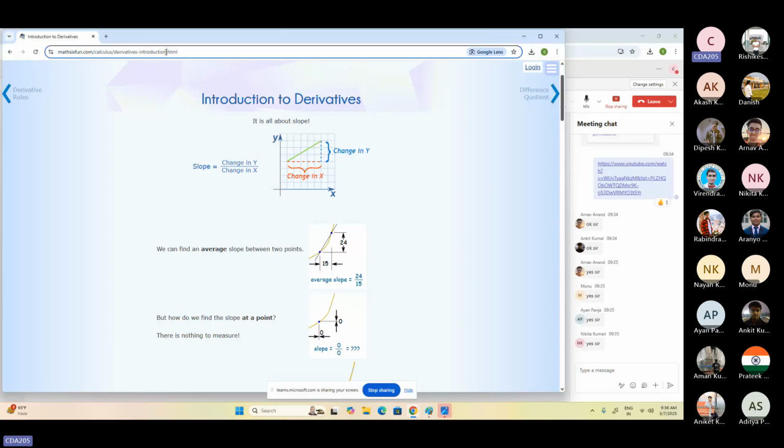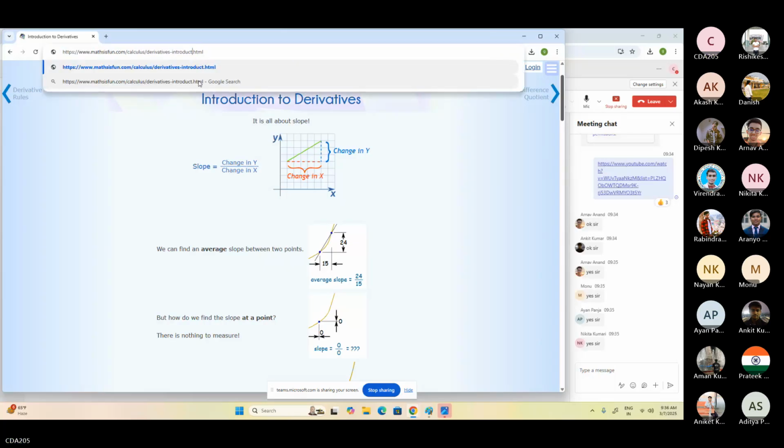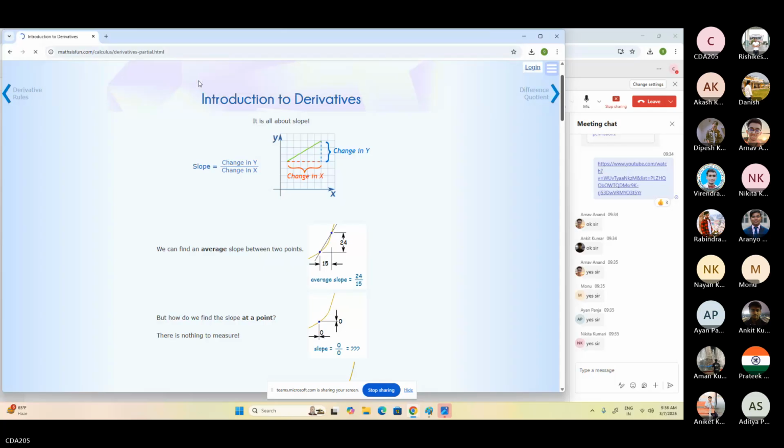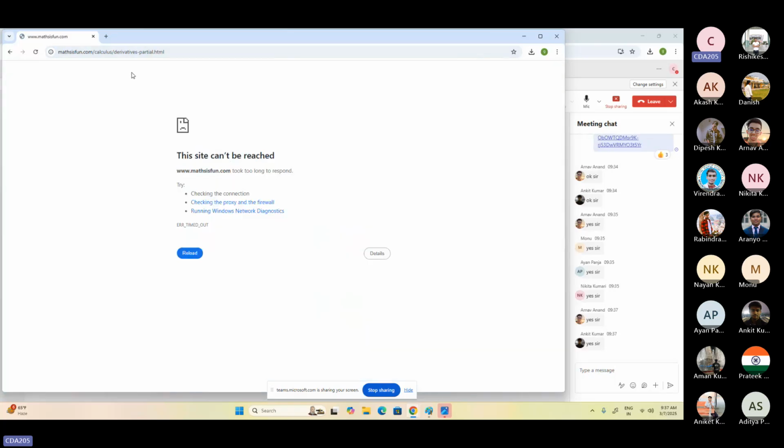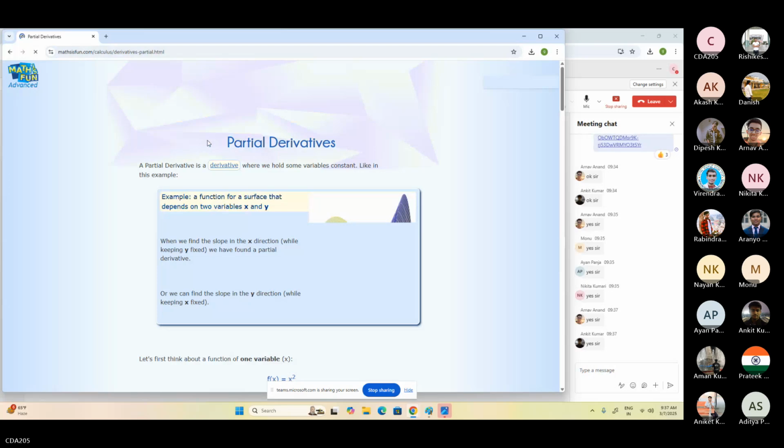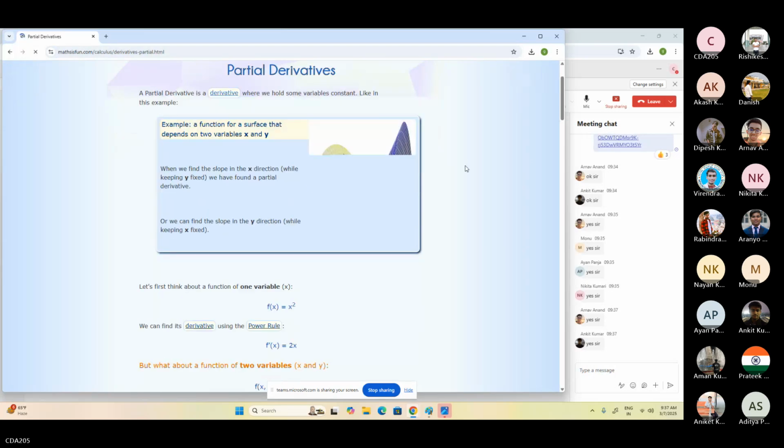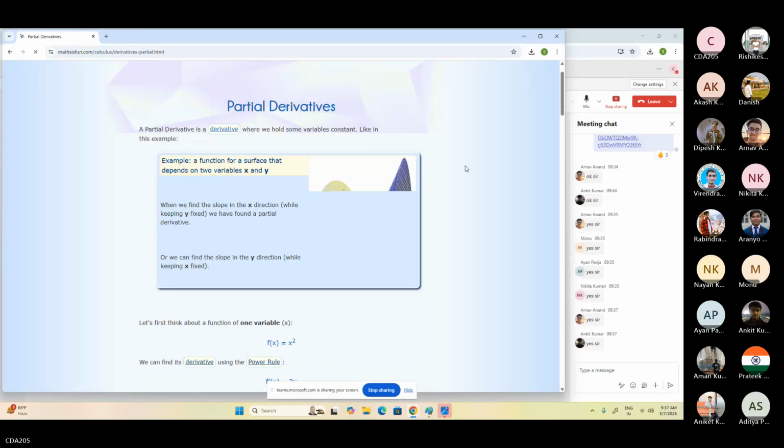Now we are coming to another rule, that is the partial differentiation. That is important. So I think you know how we will differentiate in partial differentiation.